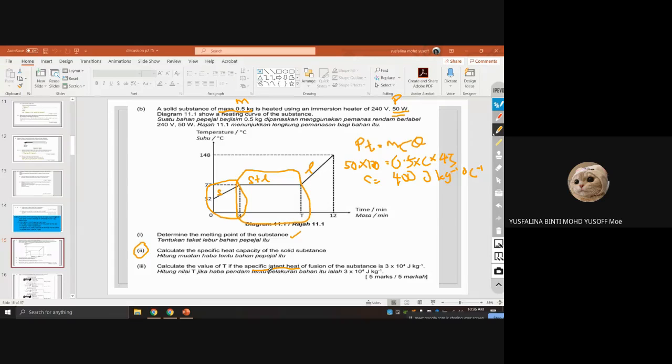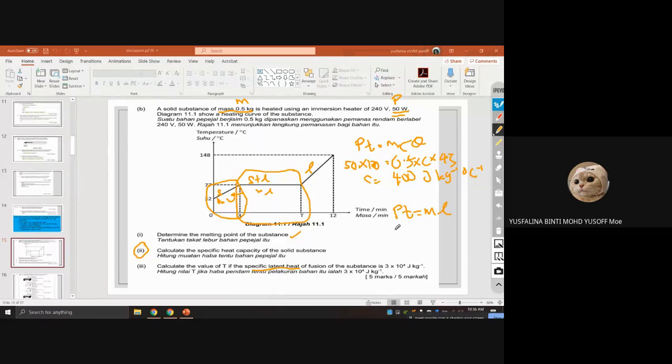I already told you before, if this part is m c theta, for this part the quantity of heat is Q equals m L. So for this part, we use P T equals m L.